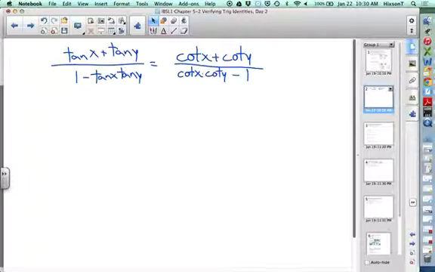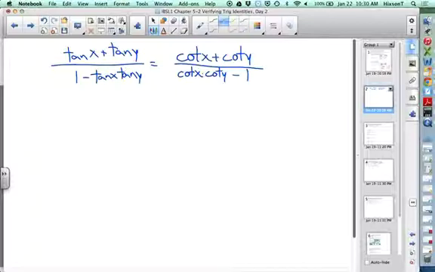Sometimes you're doing something perfectly legal, but it just doesn't get you where you want to be. So what I found would be the best solution, particularly because we have mixed angles, is I put everything in terms of sines and cosines.